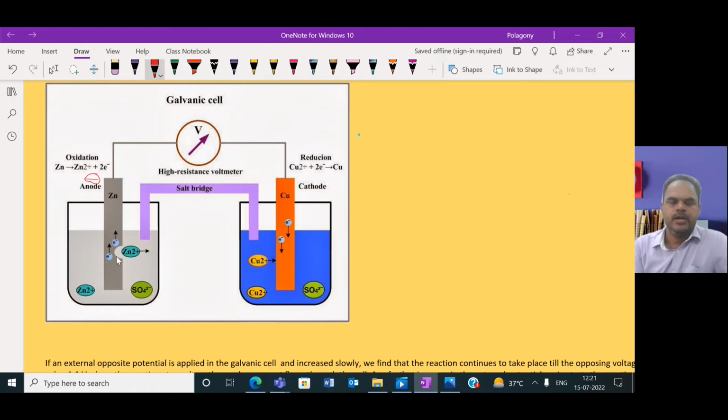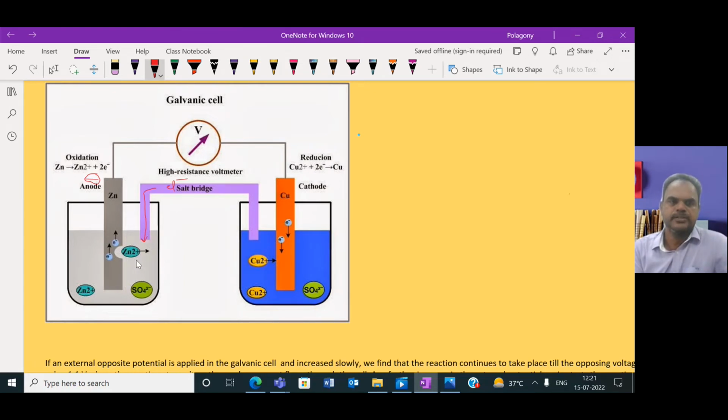After some time, what we could notice is that the zinc ions number in the solution increases. When the positive charge in the solution increases, the negative ions from the salt bridge, like chloride ions or nitrate ions, will move into the electrolyte solution.